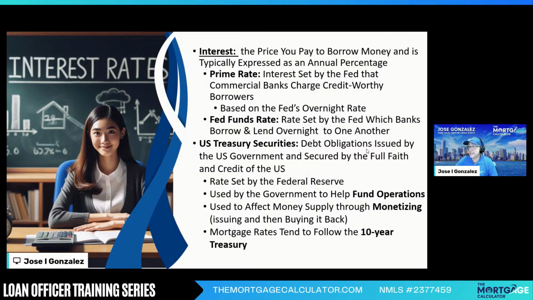So the U.S. Treasury securities are used by the government to help fund operations, right? And it is also used to affect the money supply through monetizing. What does that mean? That means that one agency issues the instrument and another government agency buys the instrument.